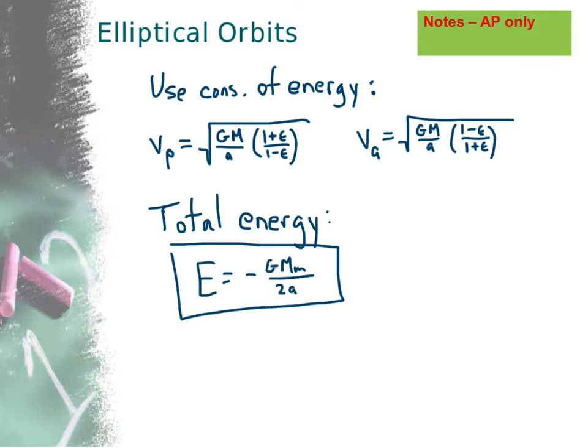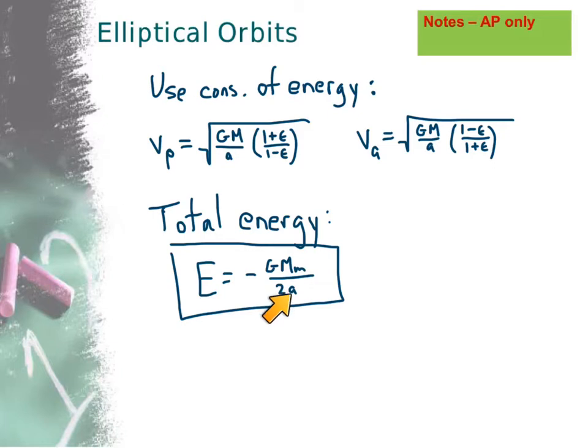Now, if you compare that with our circular orbit, you'll notice that this looks very, very similar. Instead of our semi-major axis A, we had the radius r. So in a sense, the total energy in an elliptical orbit is the same as a circular orbit with a radius of A, your semi-major axis, which is a pretty cool thing to remember.